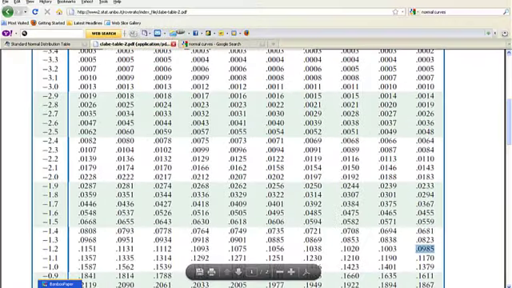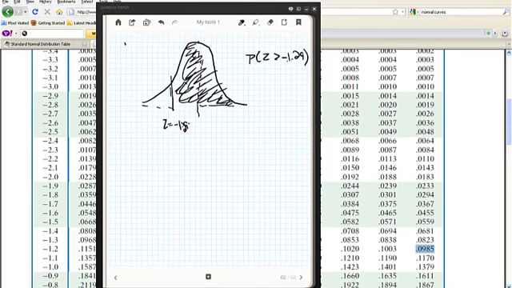So let's go back here and see if we can play with what that really means. I know that if this area, because my chart told me so, is 0.0985, the probability of being below negative 1.29, well, guess what the probability is of being above negative 1.29?